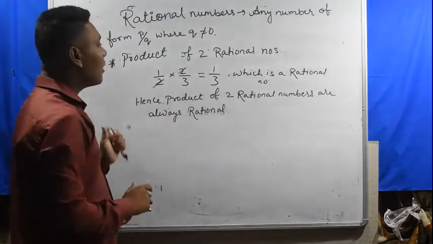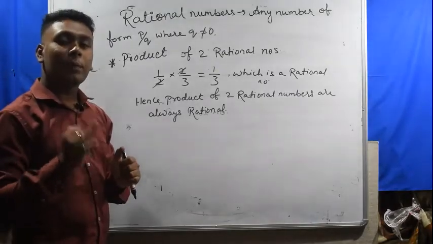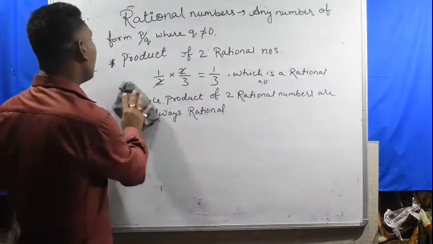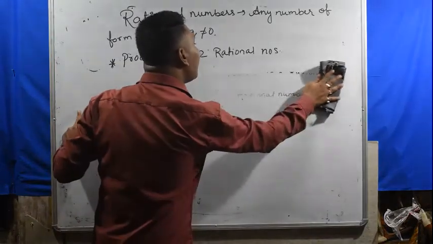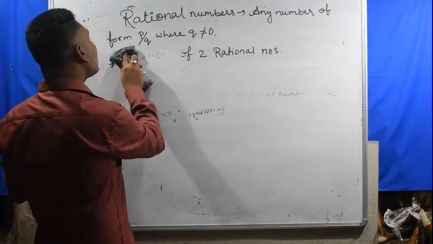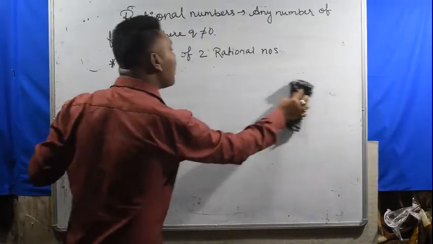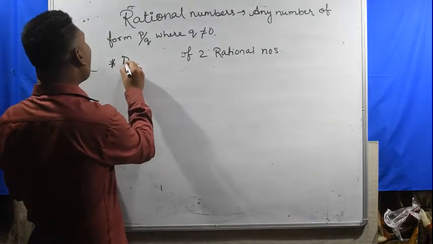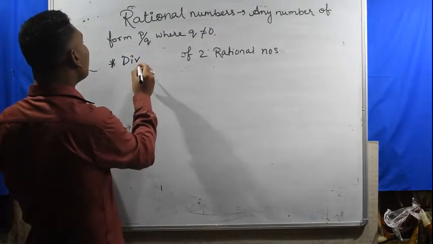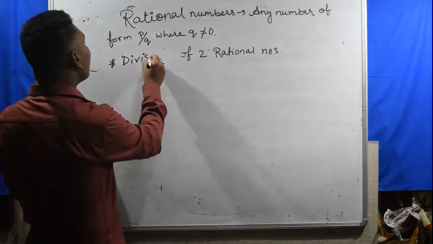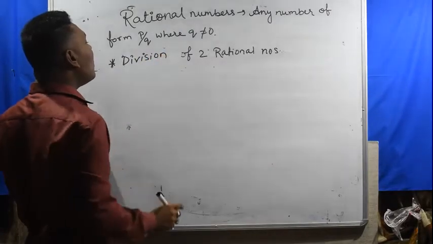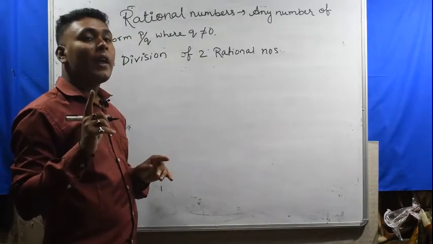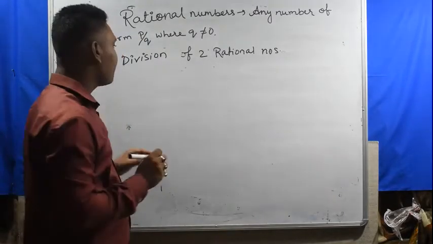Okay, understood this much? Addition, subtraction, multiplication is over. Now let us see division. In division, it is possible that it comes out a rational number, except for one anomaly, for only one single number, that is a divided by 0.